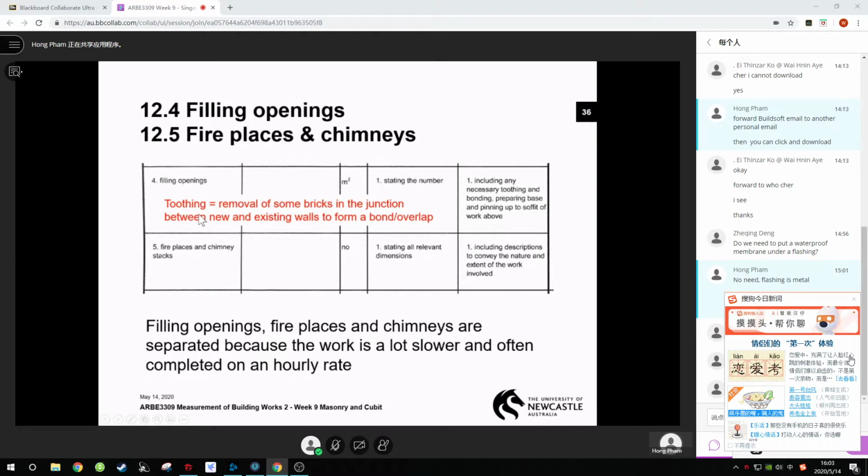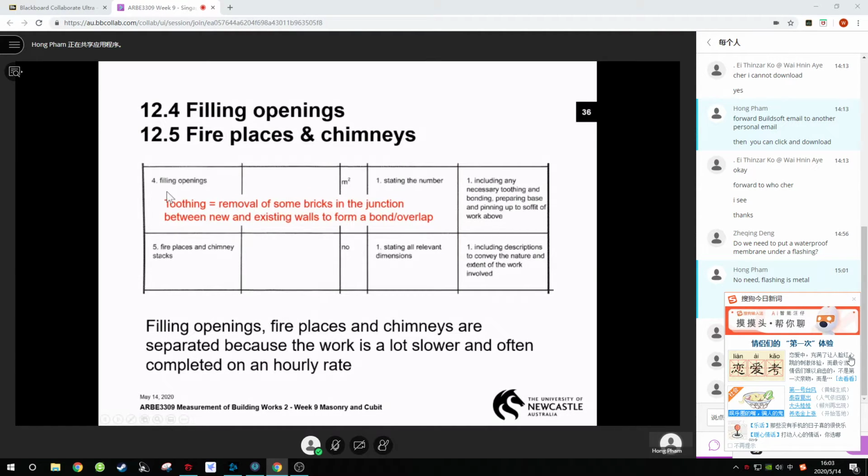Of course, at the interface with the existing wall, you will need to hack off and remove some of the bricks in the junctions between new and existing wall to form a bond and overlap. Just imagine you have an existing door opening and now you need to fill it up with brick walls, and at the junction between the existing opening and the new wall there must be a toothing to bond the two together, or else there will be a crack.